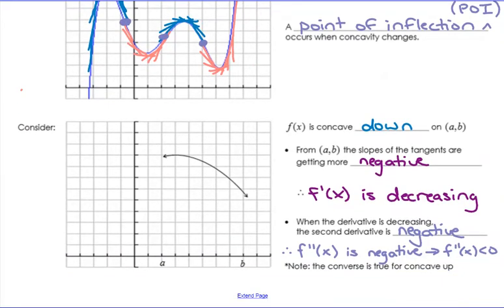Taking a look at this graph now, which we call f of x, you should know, now that you're a little bit familiar with it, that this is concave down. Notice that we have slopes that are on top of the graph, so this is concave down. We can take a look at the slopes too.